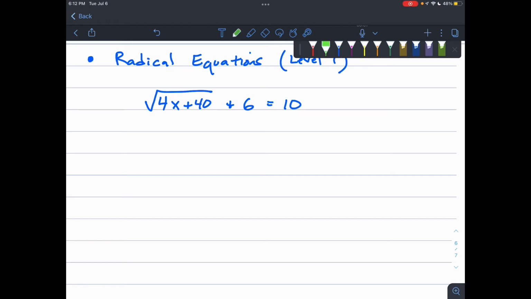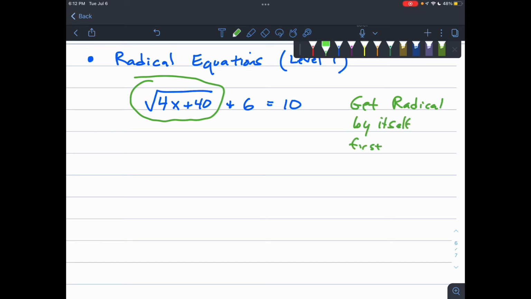So you might be tempted to put the 40 and the 6 together on the left, but actually we want to get the radical by itself first. So what that means is we want to get rid of that 6.